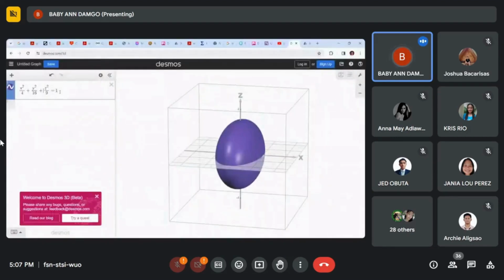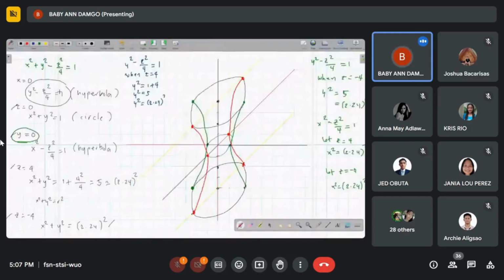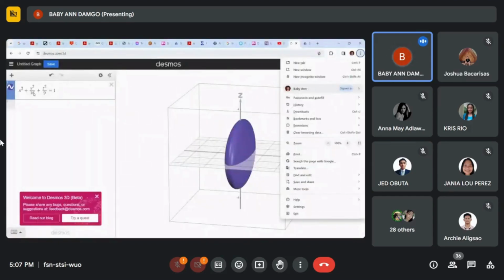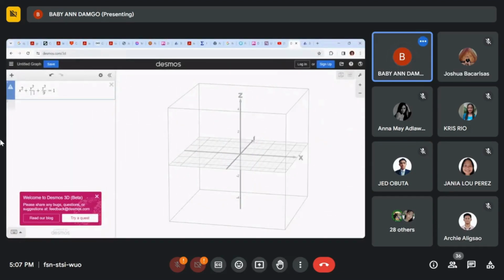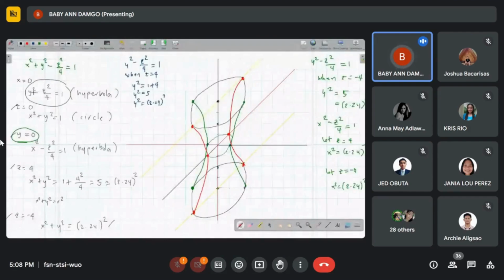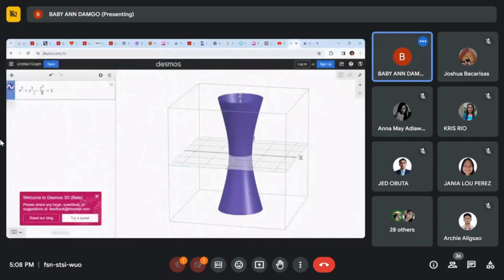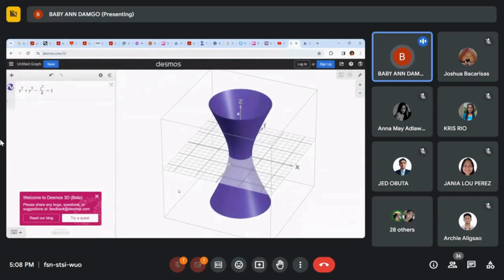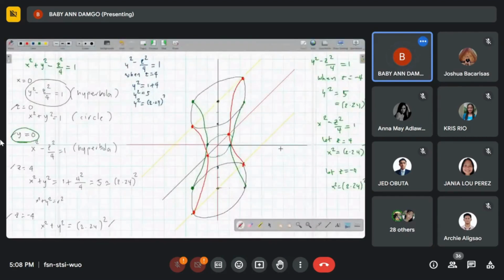x squared plus y squared minus z squared over 4. Okay, so this is the graph.